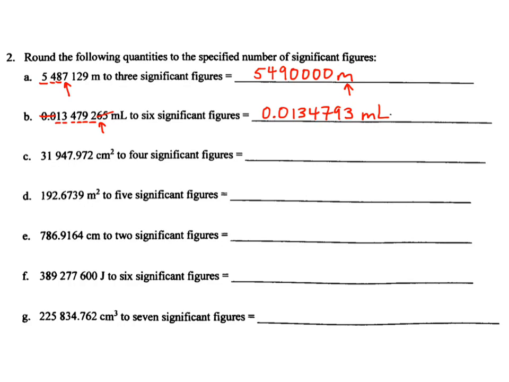Okay, next we have 31947.972 square centimeters to 4 significant figures. So all of these are non-zero digits, and now we would get the first 4. So we have 1, 2, 3, 4. Now we're given a number that goes to the right of the decimal point, but that doesn't matter. We are asked to go to 4 significant figures.